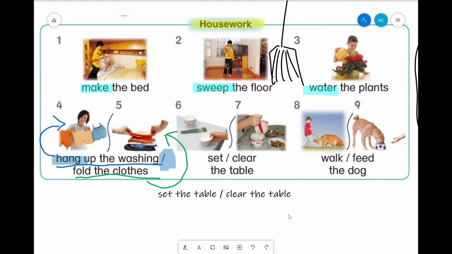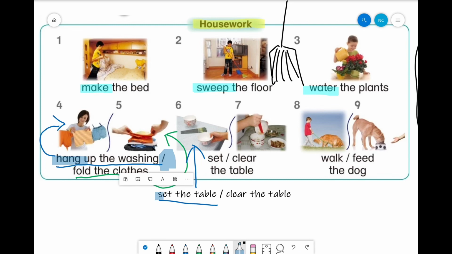Okay. So the first part is set the table. And this is the picture that's showing what it really means. And the action word, the verb is set.